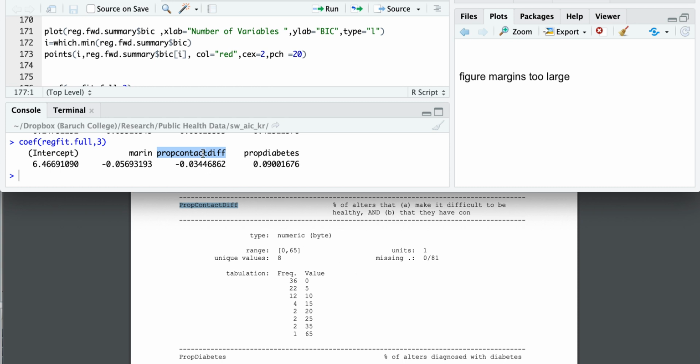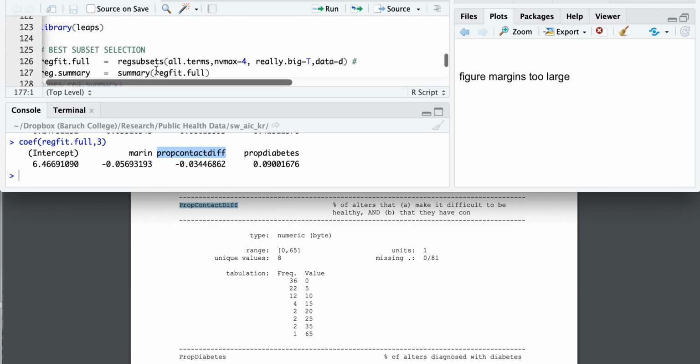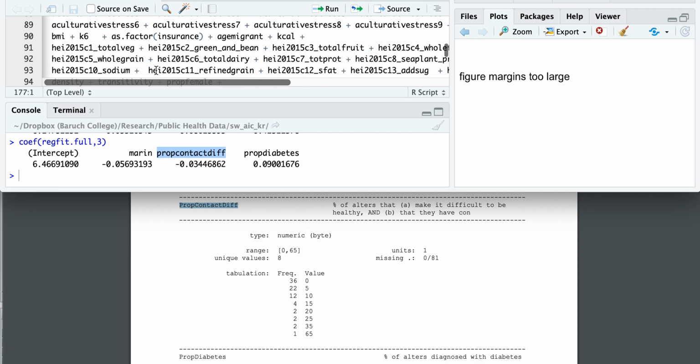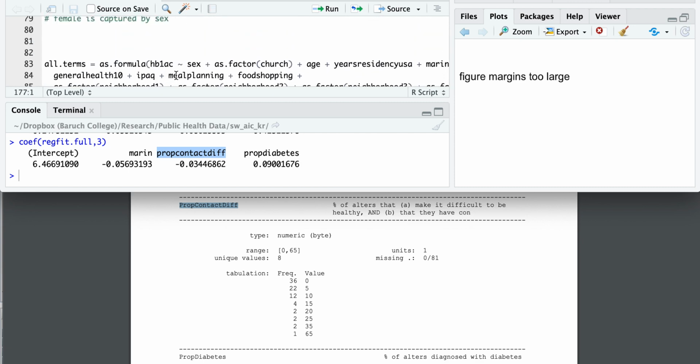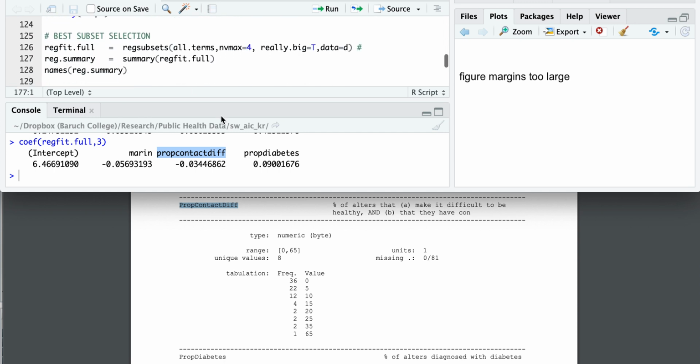Essentially, it's saying that HbA1c reduces if the number of alters that make it difficult to be healthy increases, and an increase in HbA1c is proportional to an increase in the amount of sugar in blood.